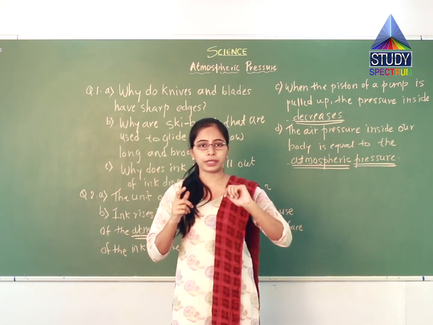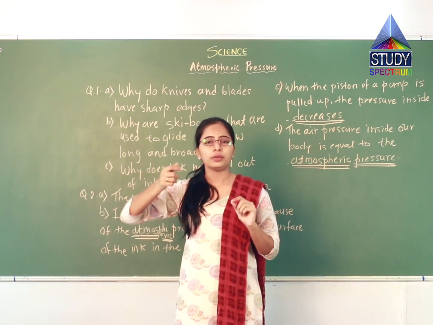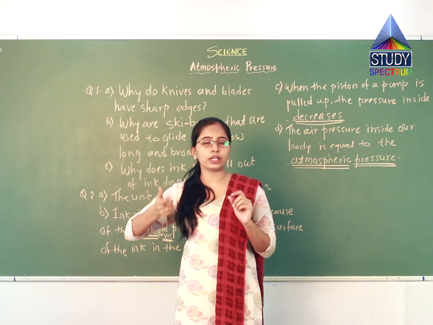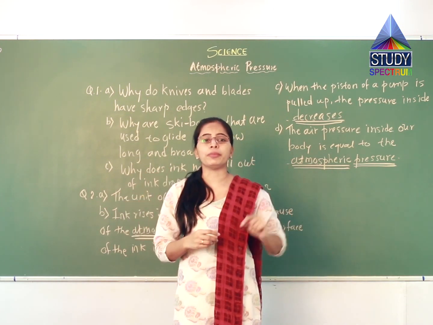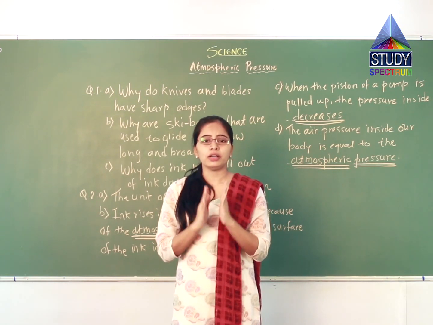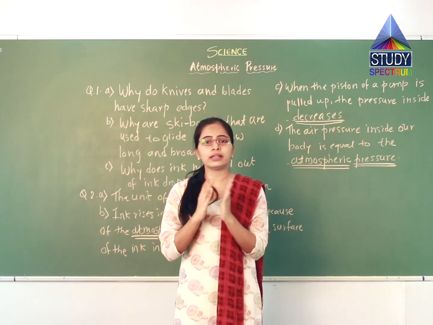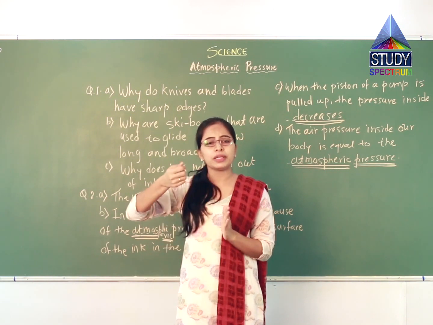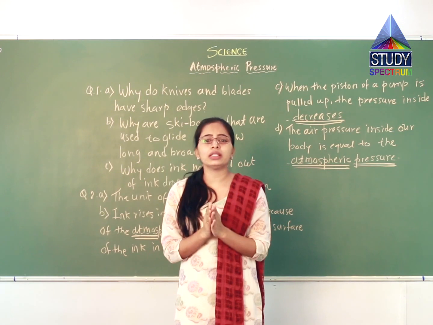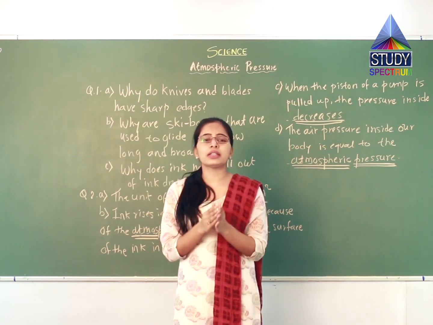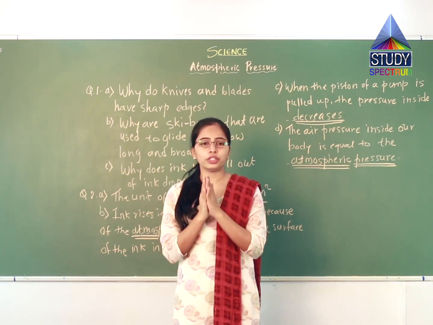Means both are compared. Here a rubber bulb is there in the ink dropper, and a piston is there in the spray pump. In the ink dropper, while taking ink in, the pressure on the bulb is reduced. In the spray pump, while taking the water in, the piston is moved away from the opening of the tube.